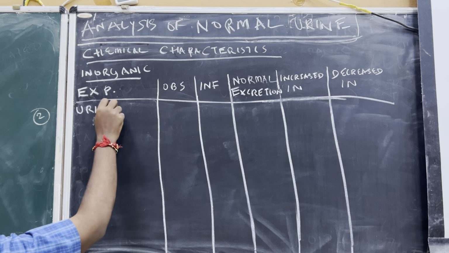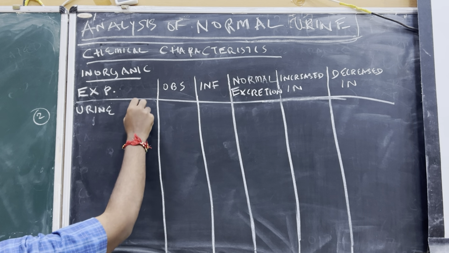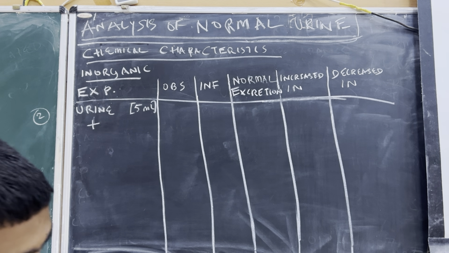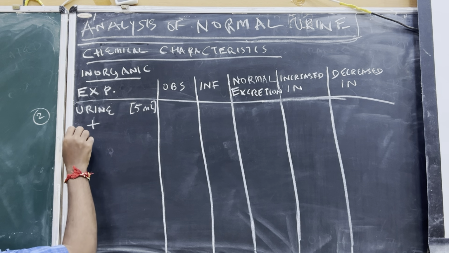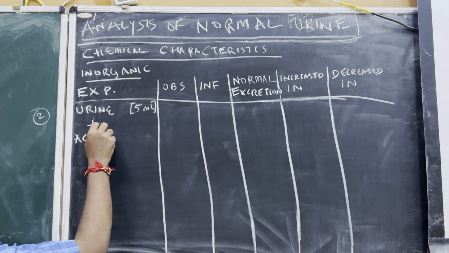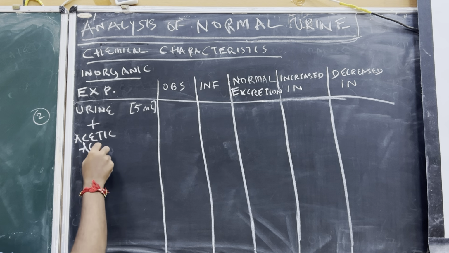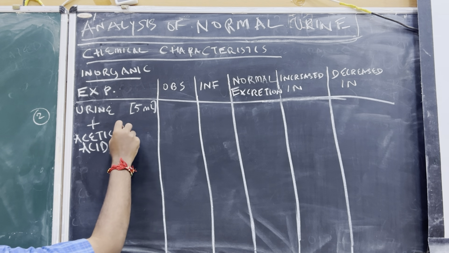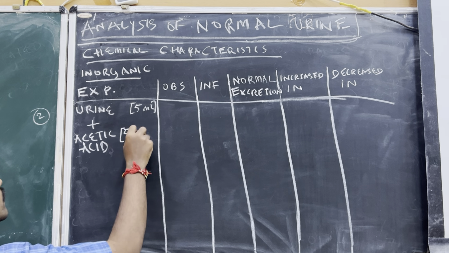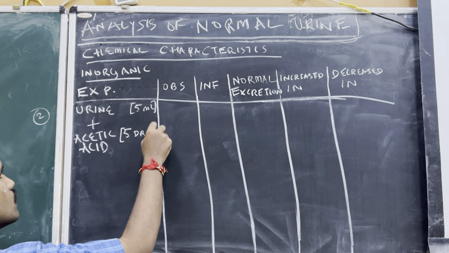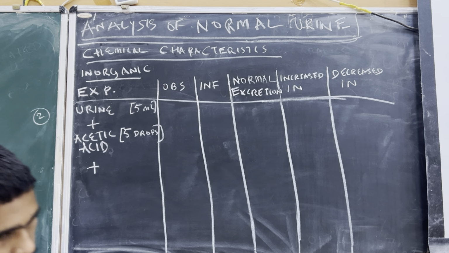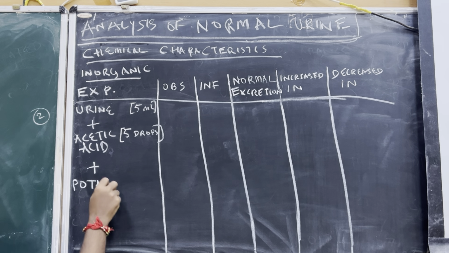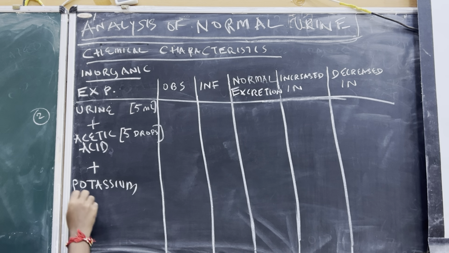Take urine, 5 ml, then we add 1% acetic acid, 5 drops, then we take 2% potassium oxalate.